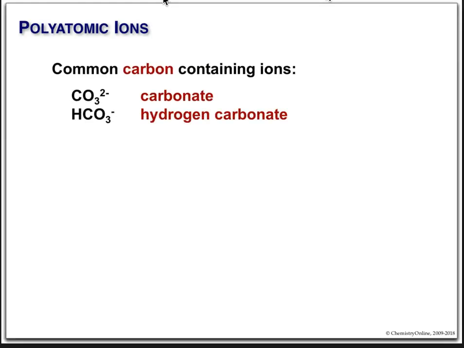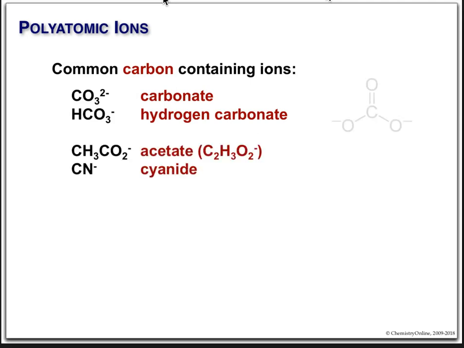Carbonate's the parent. There is no carbonite. That was in Star Wars. Put a hydrogen on, hydrogen carbonate. Acetate you really won't use until you hit general chemistry. Cyanide is nice to know because it's everybody's favorite poison. Carbon-nitrogen triple bond with a negative charge.